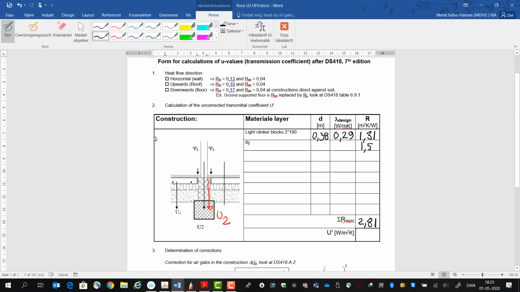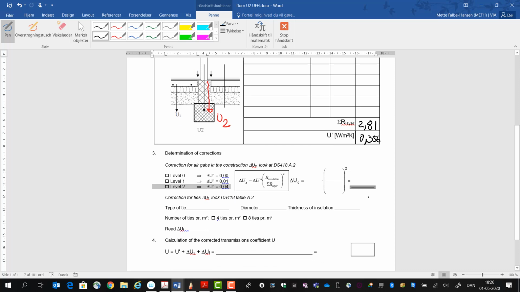And then we have the U value, which is 0.356. And then again, we do not have any air gaps, and we do not have any wall ties. So the total U value for U2, that would be 0.356. So now we have the two U values.